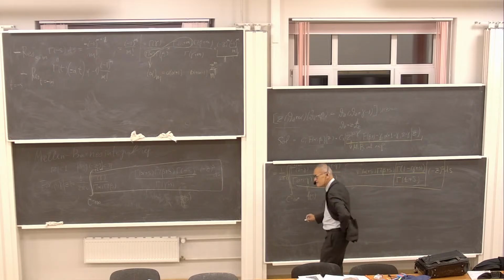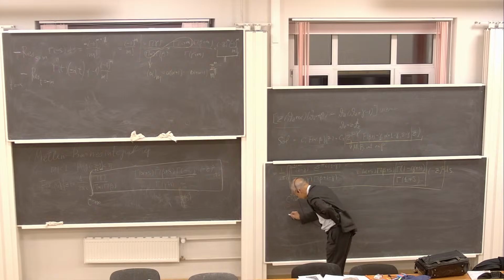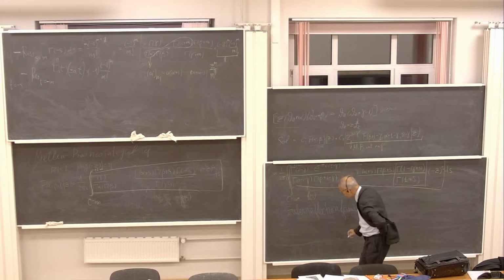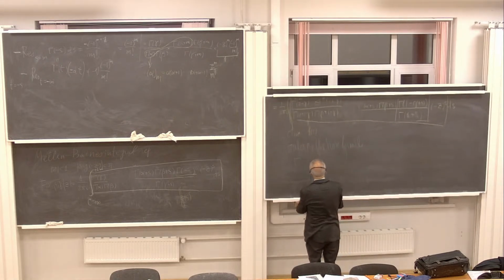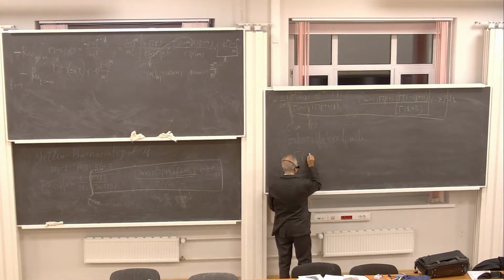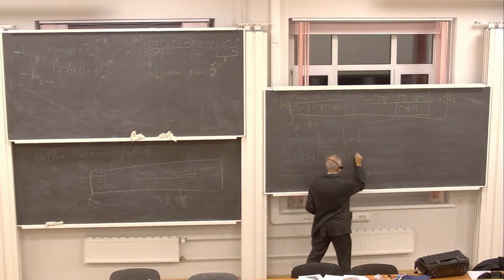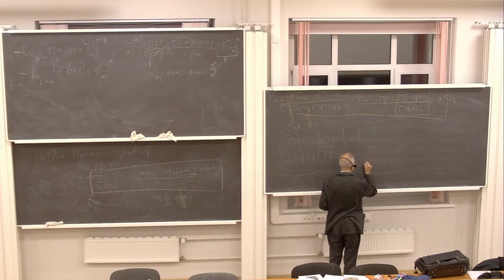So we recall here the Euler reflection formula for the gamma function, that is, gamma(s) gamma(1 minus s) equals pi over sine pi s.